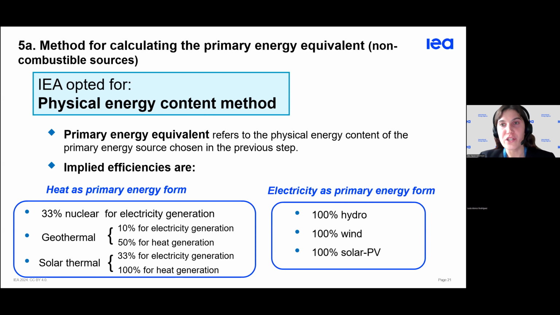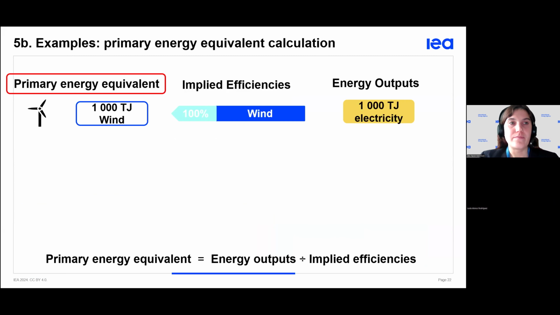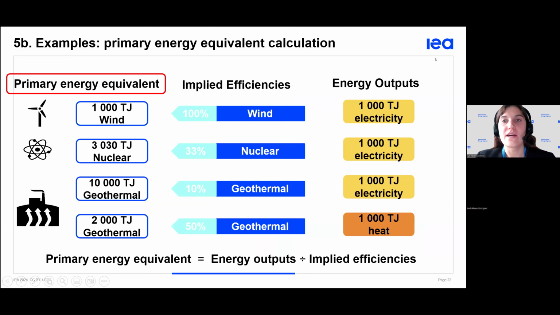So we're going to do another Menti. I just want to reiterate that for solar thermal, which has heat as a primary energy form, that implied efficiency for electricity generation is 33%. So we can look at the different conversions here, and you can see how once we have the electricity output in a certain form, we can use the implied efficiencies to back calculate the inputs to the system.